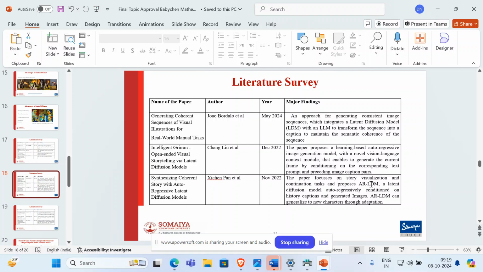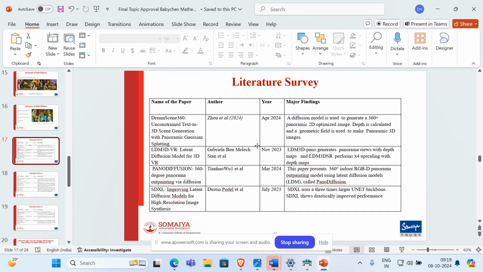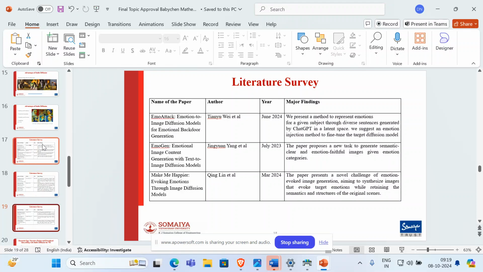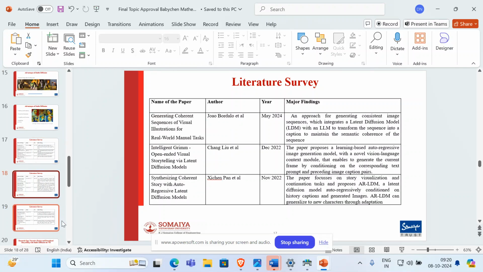Information is good, but it is not shown properly in the presentation. Try to reduce these slides to two slides maximum, with a maximum of five papers per page. So you should have roughly 10 papers thoroughly researched and read, with all the numbers, their problems, and maybe some equations from those papers.